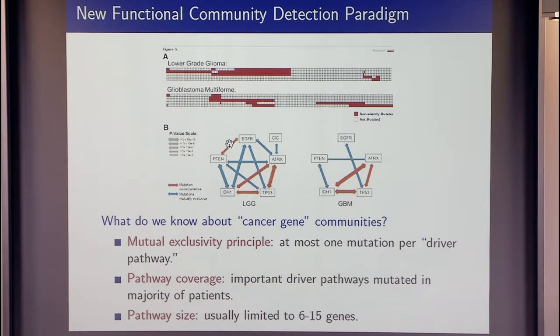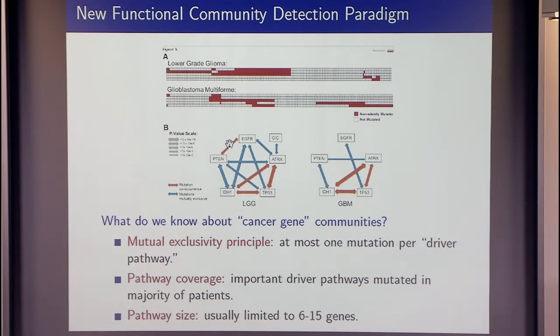And the third thing that biologists notice is that the modules that are attacked are usually fairly small, and this is what we call the bounded pathway size problem, or a pathway limitation to include, let's say, anywhere between 6 and 15 genes. That's true for most pathways, but not for all.